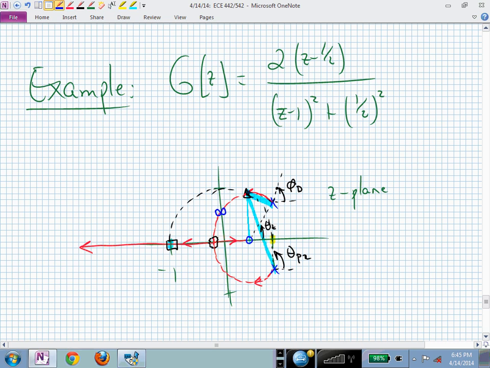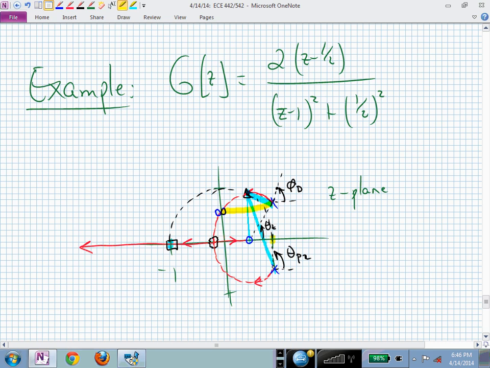Somebody wants to know, what's the gain to get me to that bone? Especially your dog, right? What's the gain to get me to that bone? How do you find to get to that dog bone? How do you compute the gain? Graphically would be the easiest, wouldn't it? That's what these dividers are for. You would simply measure the distance from this pole to that bone, the straight line distance.